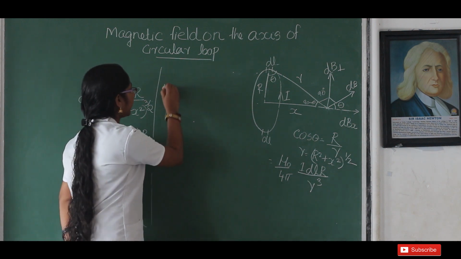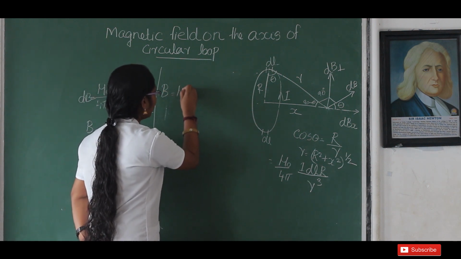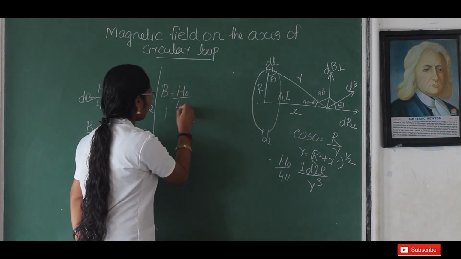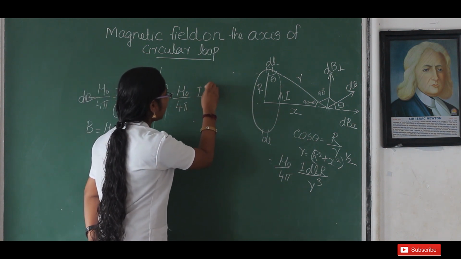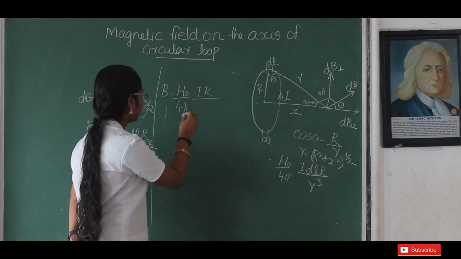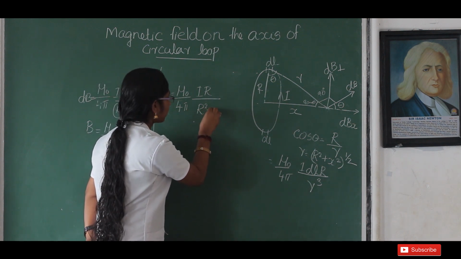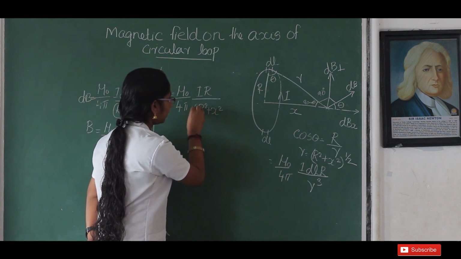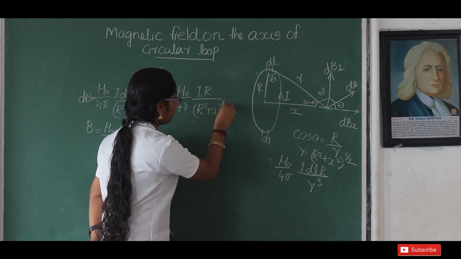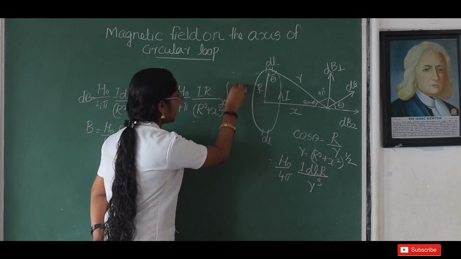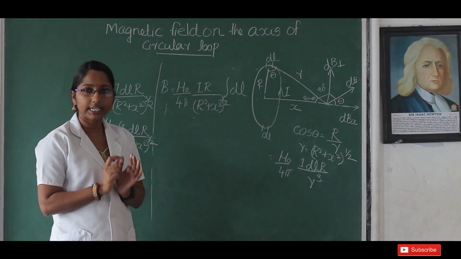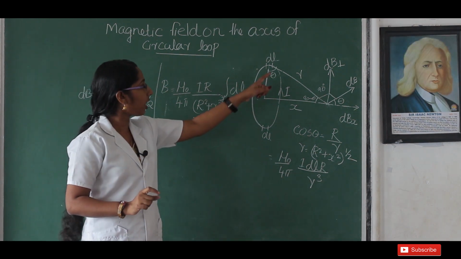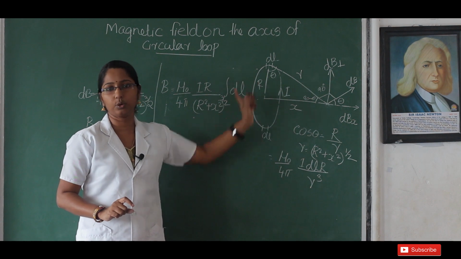Then the equation becomes B equal to mu 0 by 4 pi I r divided by r square plus x square raised to 3 by 2 into integral dl. dl means the length. We want to integrate the length throughout the circular loop.